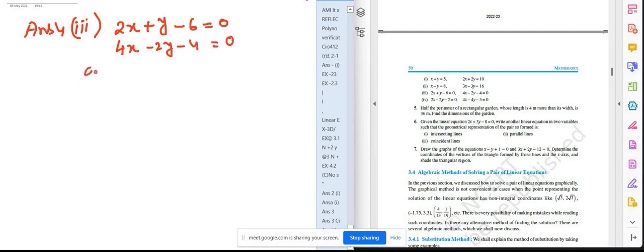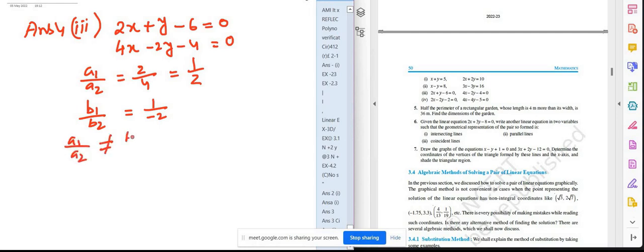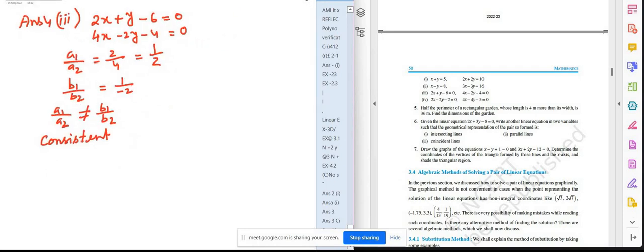So here a1 by a2 we are getting 2 by 4, so 1 by 2. And b1 by b2 we are getting 1 by minus 2, that is minus 1 by 2. So clearly a1 by a2 not equals b1 by b2. If these two are not equal, then it is consistent. Consistent. Now they are saying if consistent, then draw the graph.